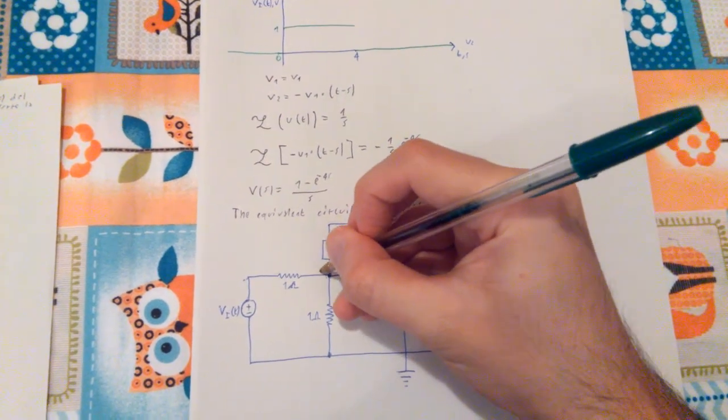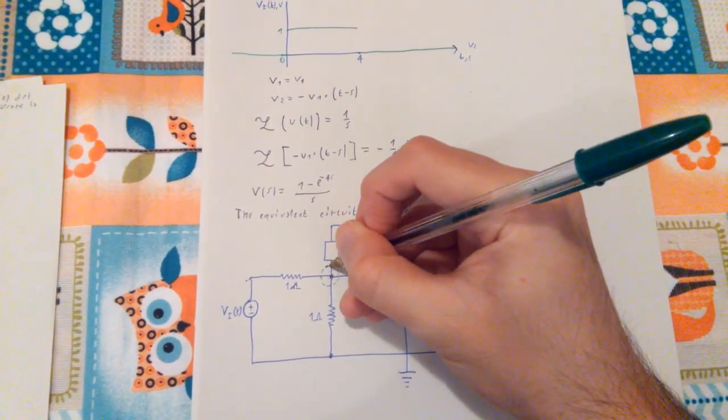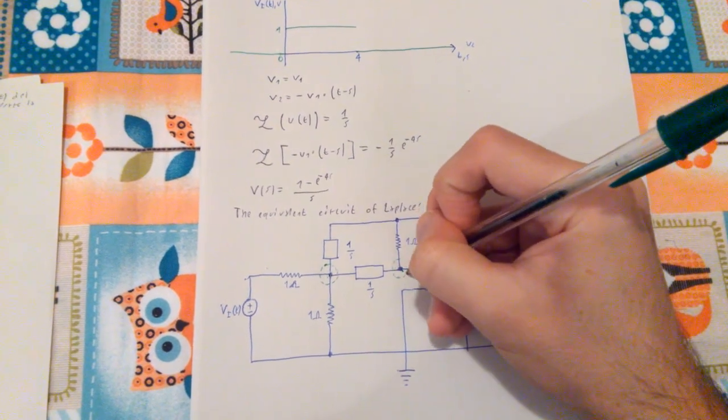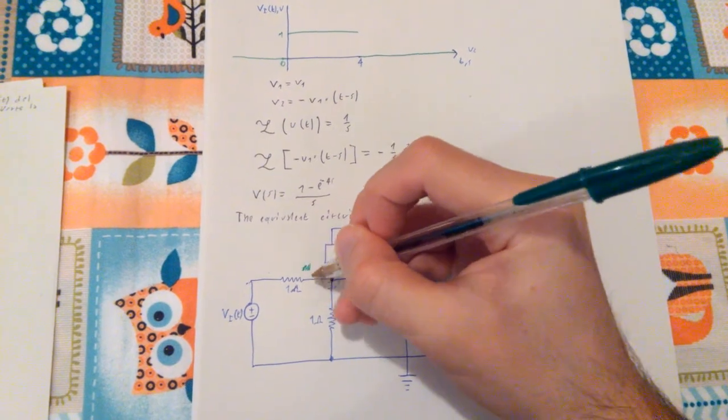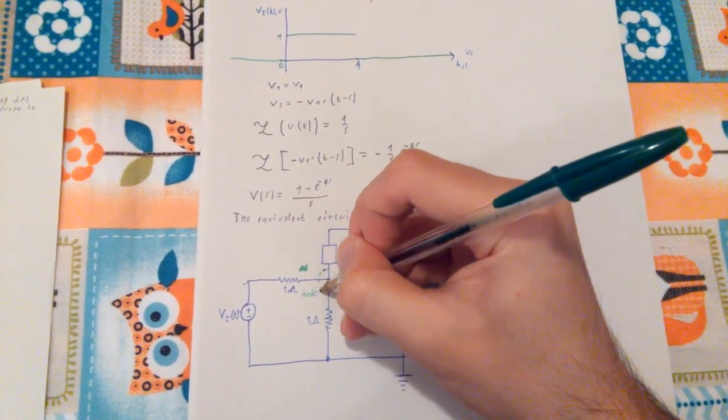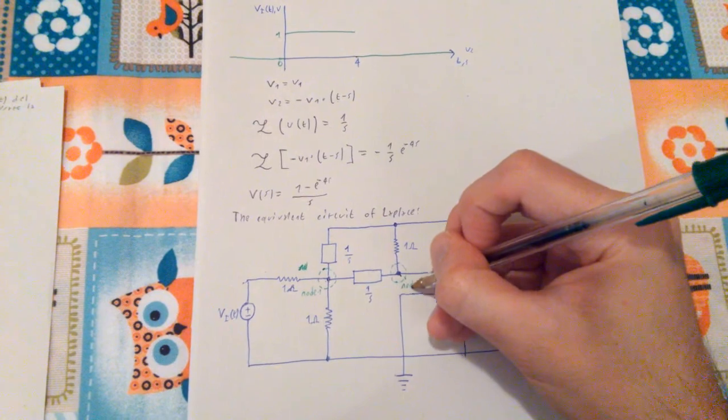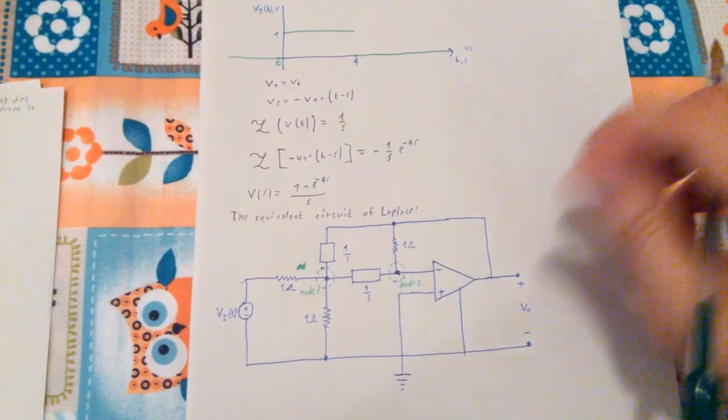So this one is going to be node 1 and this one is going to be node 2.